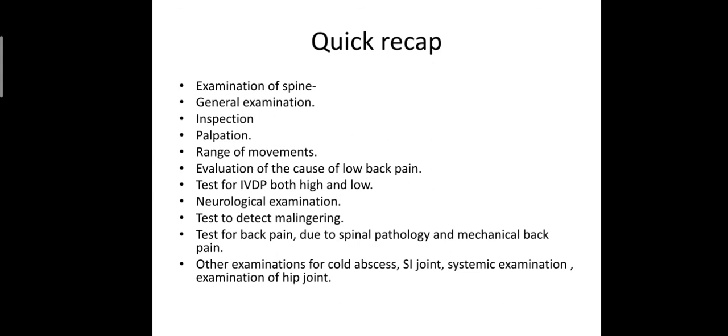In this segment, we saw examination of the spine or vertebral column: general examination, inspection, palpation, range of movement, evaluation of the cause of low back pain, tests for IVDP both high and low, neurological examination, tests to detect malingering, tests for back pain due to a spinal pathology and mechanical back pain, other examinations for cold abscess, sacroiliac joint, systemic examination, and examination of the hip joint.